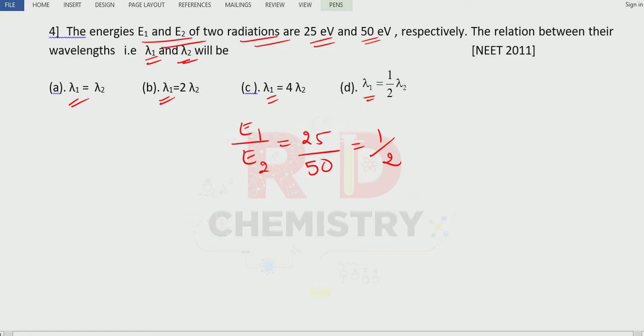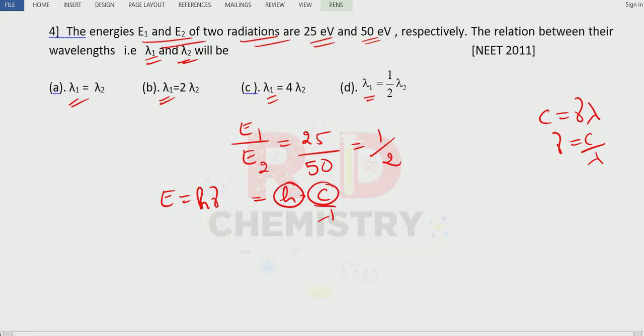Correct? Now, how is it related to the wavelength? E is equal to h nu, and nu can be written as c by lambda, because c is equal to nu into lambda. So nu is equal to c divided by lambda. Now h is a constant, c is a constant, so I can write E is inversely proportional to lambda.